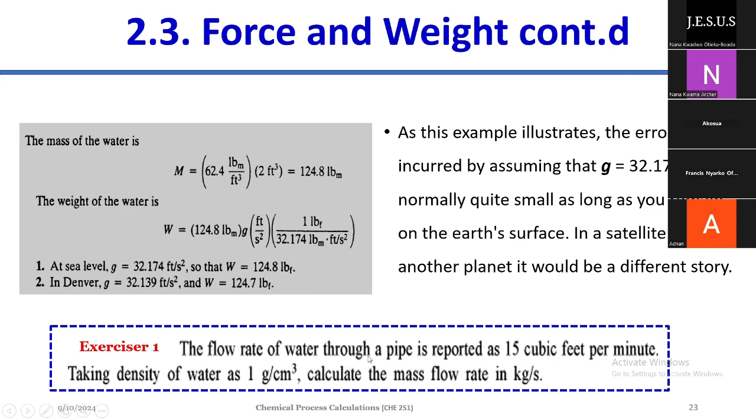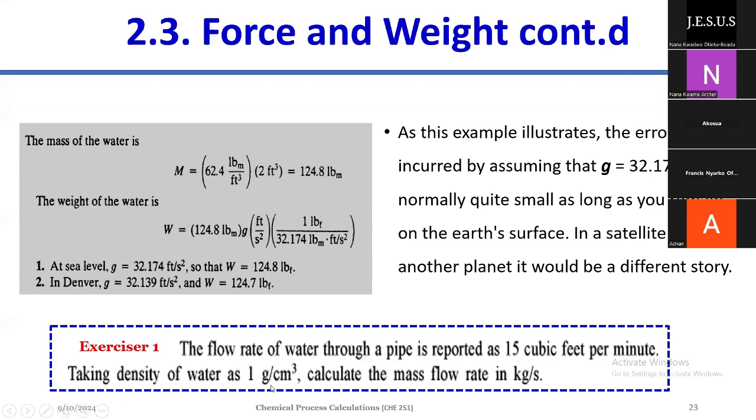The flow rate of water through a pipe is reported as 15 cubic feet per minute. Taking the density of water as 1 gram per cubic centimeter, calculate the mass flow rate in kilograms per second. You've been given the flow rate of water through a pipe in cubic feet per minute, which is a volumetric flow rate.